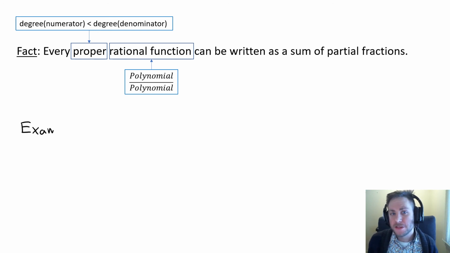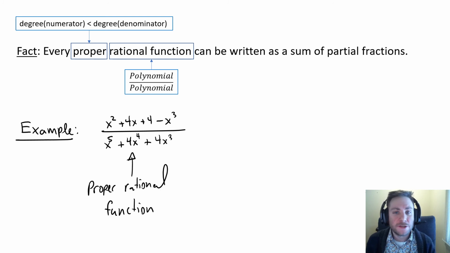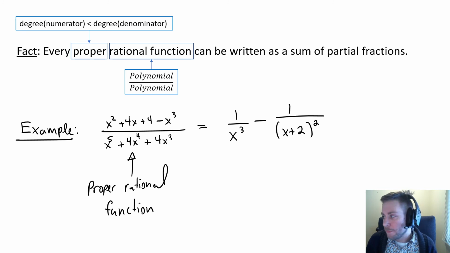Let's see if we can apply this fact to the rational function we were looking at in the beginning of the video. First, note that this is proper because the numerator and denominator have degree 3 and 5 respectively. And we also saw that this expression came from forming a common denominator among these two terms. That is the example we looked at the very beginning of this video.